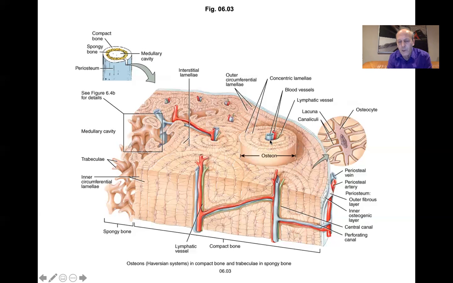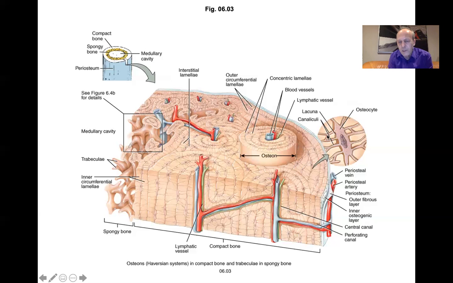Obviously the Haversian and Volkmann canals have blood vessels that become mutually connected, creating a bit of a network of blood vessels that is required for supply of the bone.